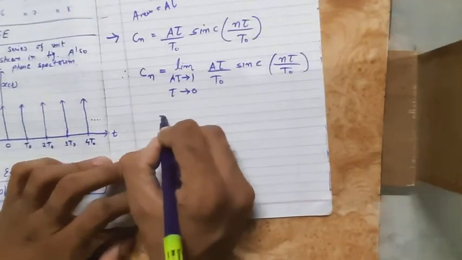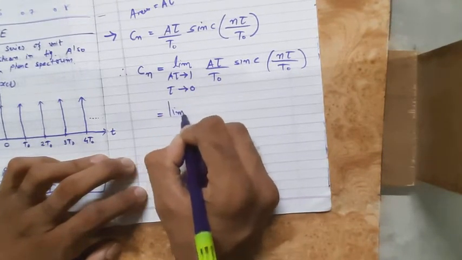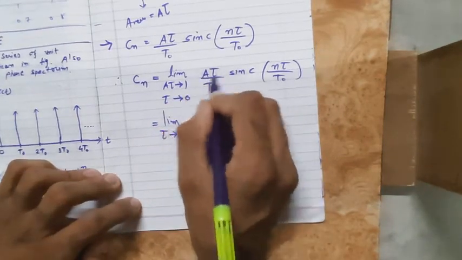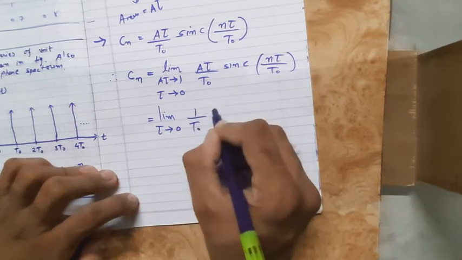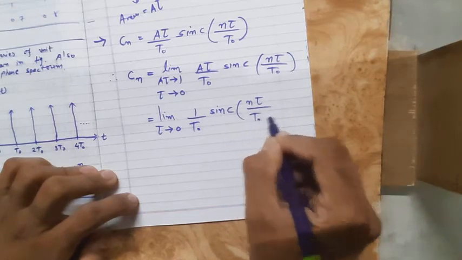First we apply the limit A tau goes to 1. So wherever you find A tau, you put 1, giving 1 divided by T0 sinc of n tau by capital T0.